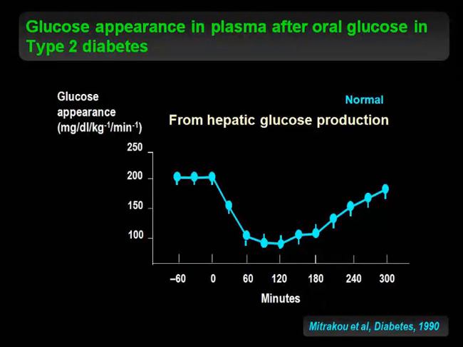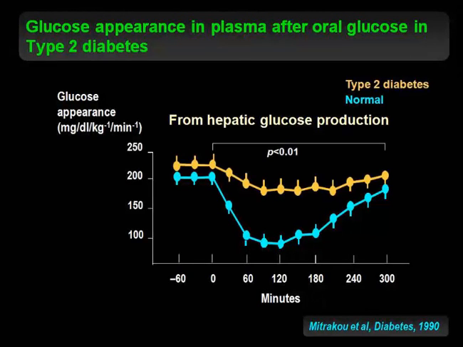So normal people, when you eat, you actually suppress your glucose production from the liver. In people with type 2 diabetes, you do not suppress that glucose production, and it's the difference between these lines which actually gives rise to the hyperglycemia after meals, or should I say the excess hyperglycemia after meals.